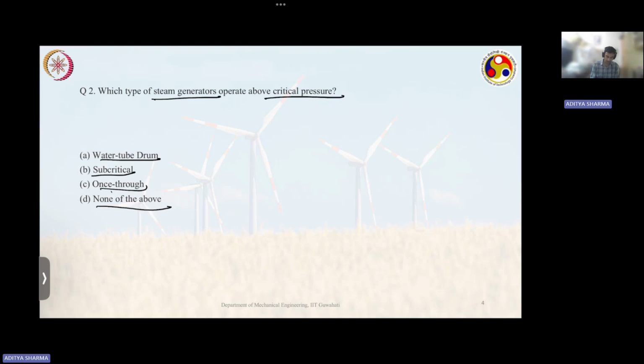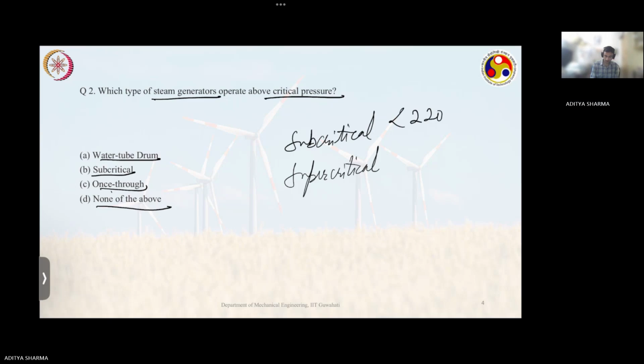I had told that there are two categories: one is your subcritical, one is your supercritical. Subcritical is that which is less than the critical pressure, and supercritical is above it.